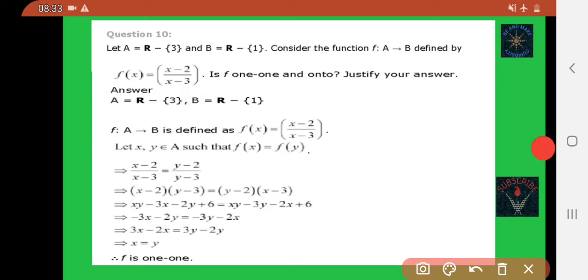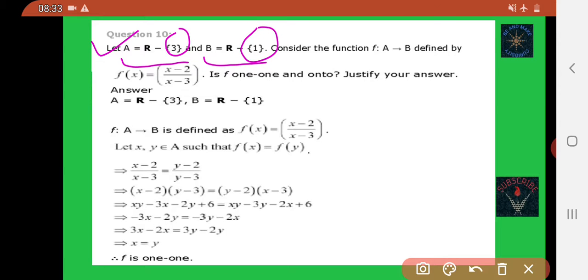See, question number 10. Let set A be equal to R minus this set. It contains only the element 3. And set B is R minus, R means the set of real numbers, minus this set.